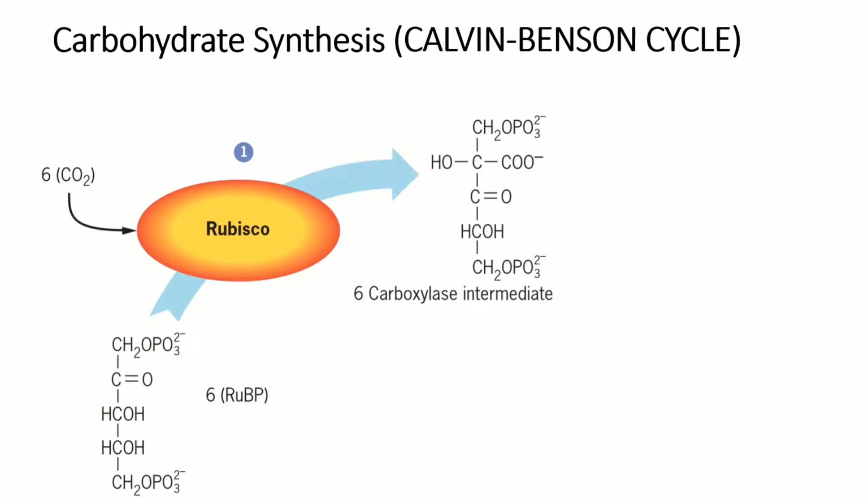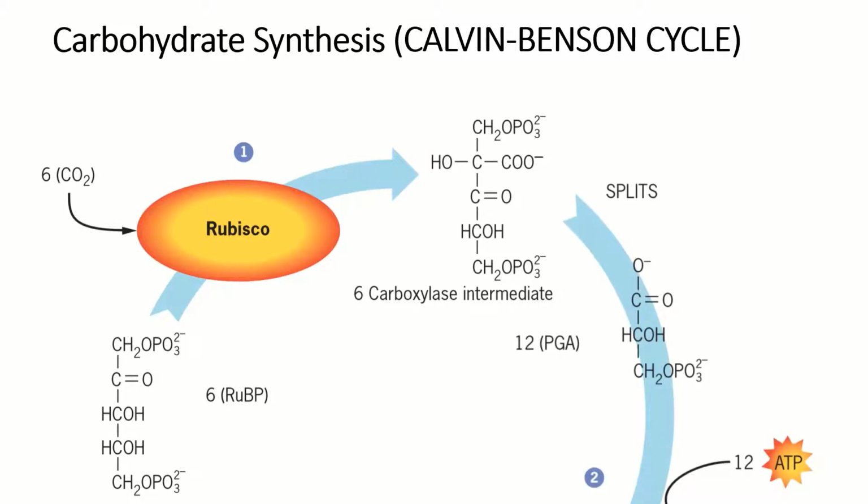Here we can see 6 carbon dioxide molecules incorporated to 6 ribulose biphosphates to form a 6-carbon compound, 6 carboxylases. And these are the intermediates. Now these carboxylases are unstable and they will tend to split, forming 12 phosphoglycerates as we see here.